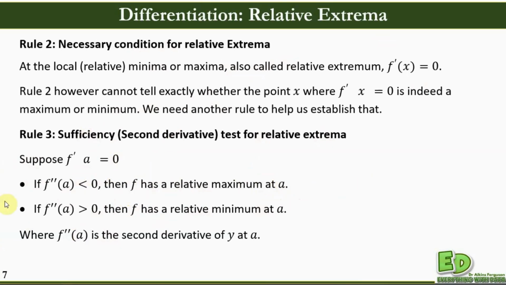But if you take the second derivative of what you differentiated and it's greater than 0, then the point is a relative minimum point, where the second derivative of y at a is greater than 0, right? So basically this is the general idea: take the second derivative of what you have. If it's less than 0, it is a maximum point. If it's greater than 0, it is a minimum point, right?